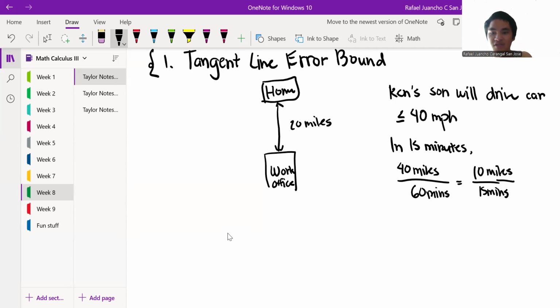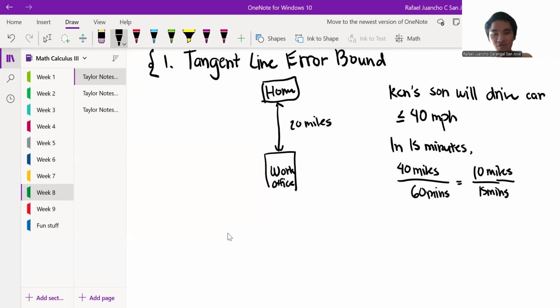So that's what I was trying to say a while back. So after 15 minutes, Ken's son will have covered a distance of 10 miles, depending on where he drove the car. Okay. So no further than 10 miles, so that the car will be within 10 miles of home or no more than 30 miles from Ken.